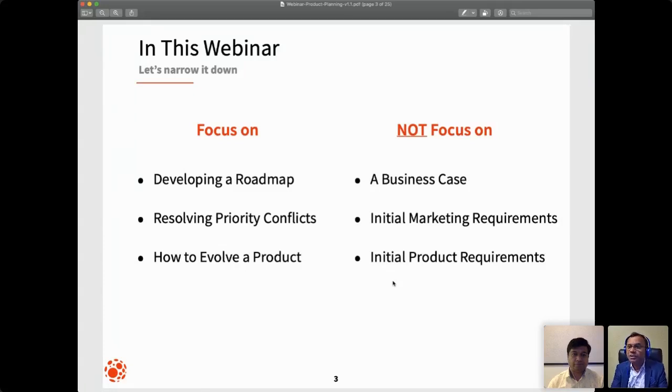So what are we not going to talk about? In some parts of the marketing world, people combine the entire exercise of developing a business case as a part of product planning. We're not talking about developing a business case, analyzing the market size and shaping the requirements.